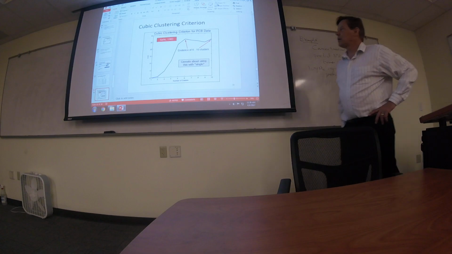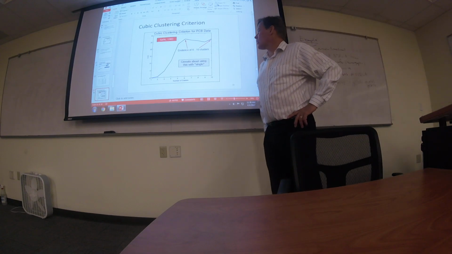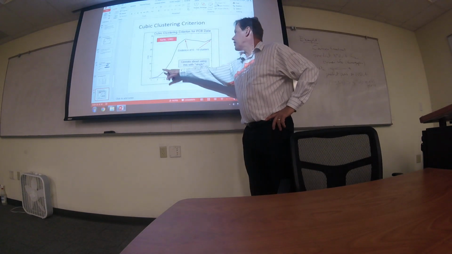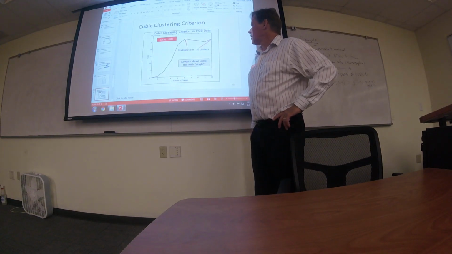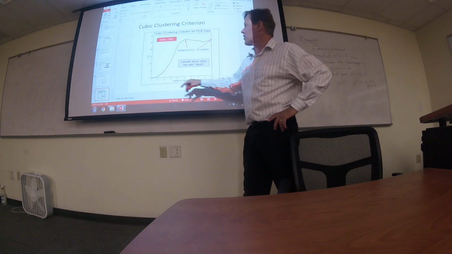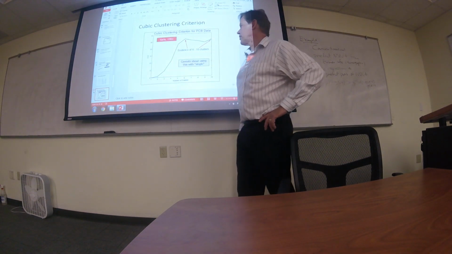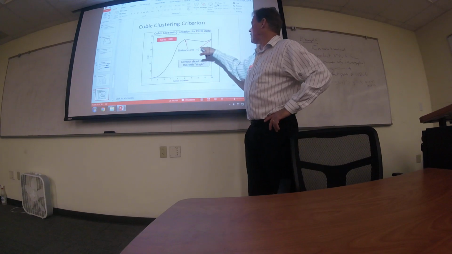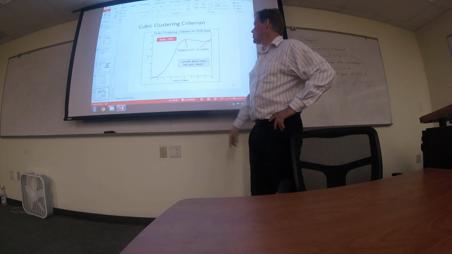And this one is the cubic clustering criteria. And evidently, if you plot this, it suggests this is the number of clusters here, and the cubic clustering criteria is over there, and this says you have between 6 and 10 clusters.